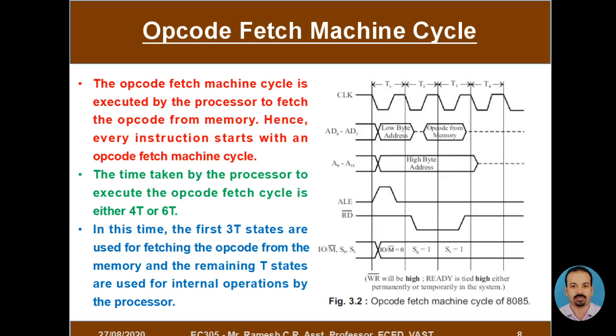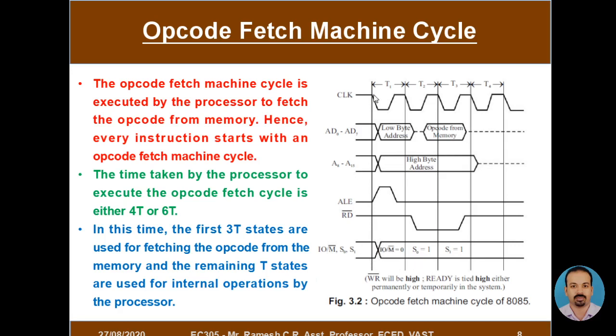But to indicate that, taking this instant alone, previously there was some operation different from the opcode fetch, and now we are transferring to the opcode fetch operation, we need to change these values. Only for indicating that, we always draw the status values for this particular operation in the opposite manner. So if I need 1 and 1, I will draw from 0 to 1, and if I need 0, I will draw from 1 to 0.